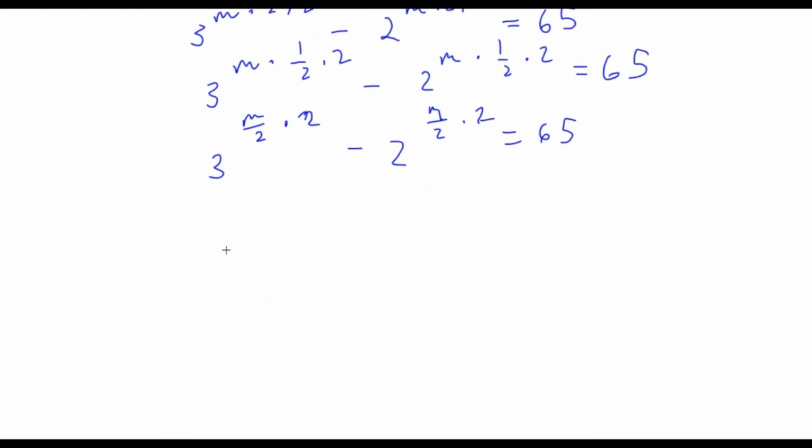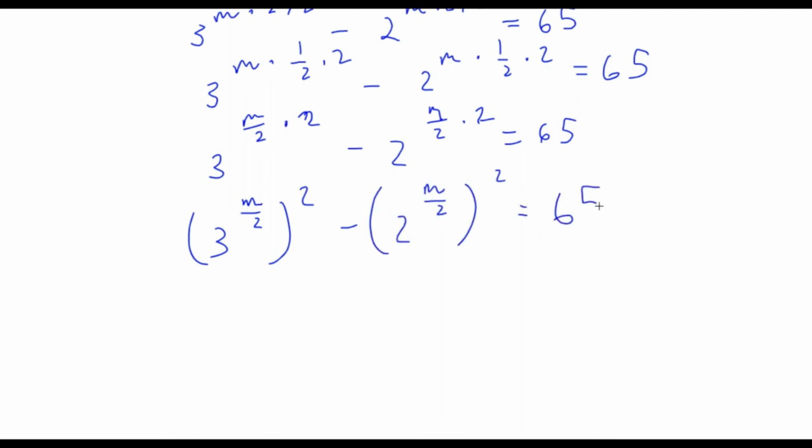So now we are going to have 3 to the power of m over 2, to the power of 2, minus 2 to the power of m over 2, to the power of 2, is equal to 65.